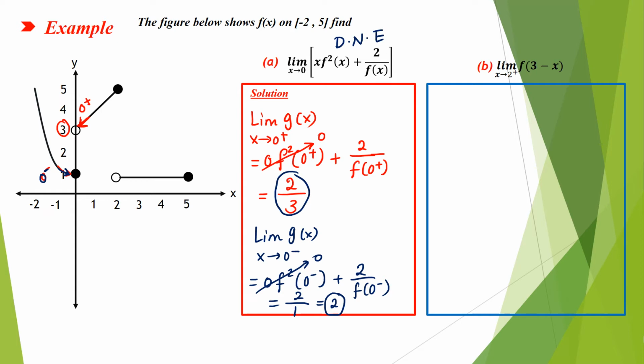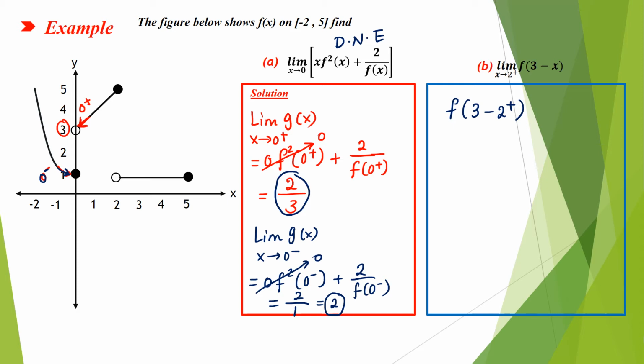For part B we have the limit of f of 3 minus x when x goes to 2 from right. Now this means that our limit is f of 3 minus 2 from right. 2 from right means it's greater than 2, a little greater than 2.